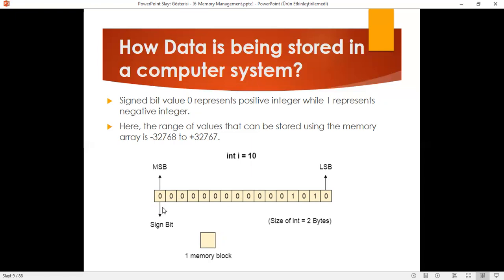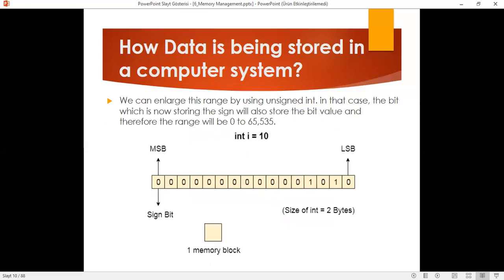It is because of this sign bit. But normally these 16 bits can store up to 2 to the power of 16 different numbers.